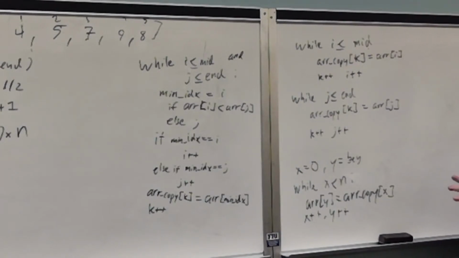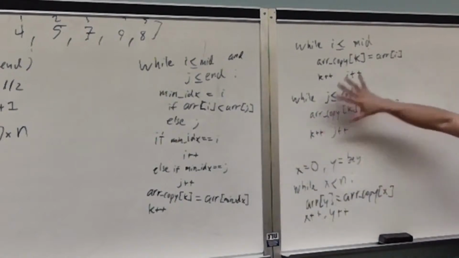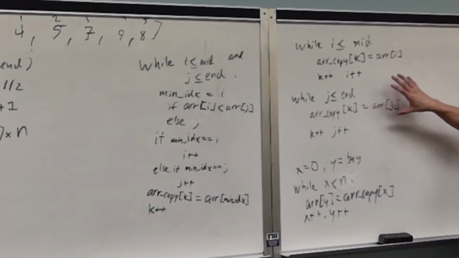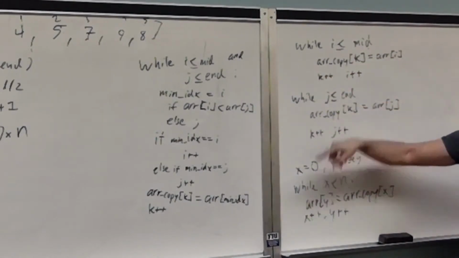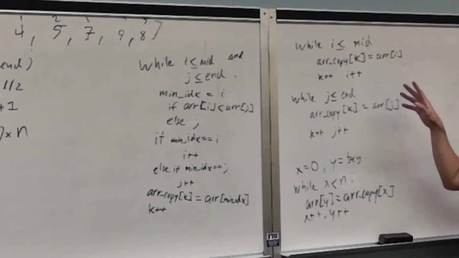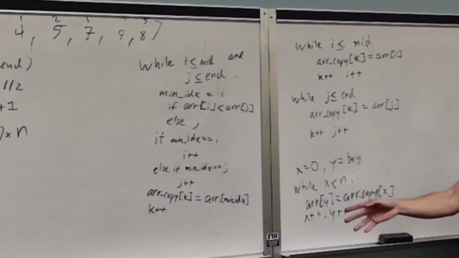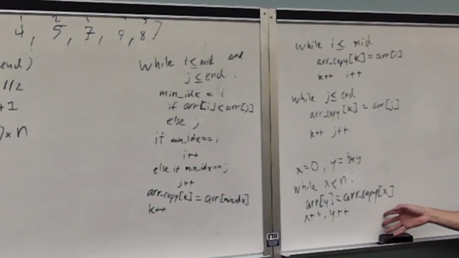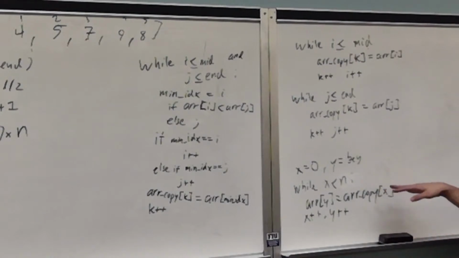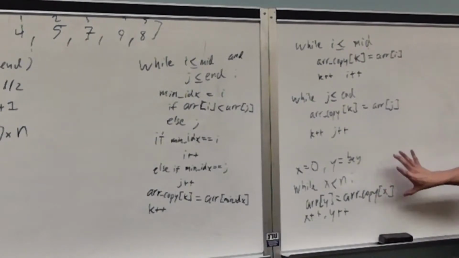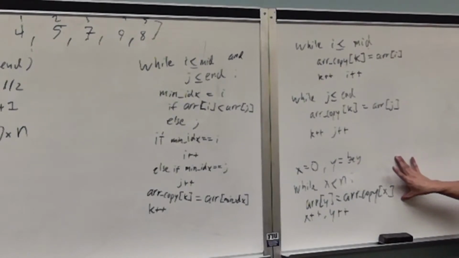The array copy is sorted after these loops. That's the point. Since array copy is sorted, we put all of it into the original array. That's all this is doing.